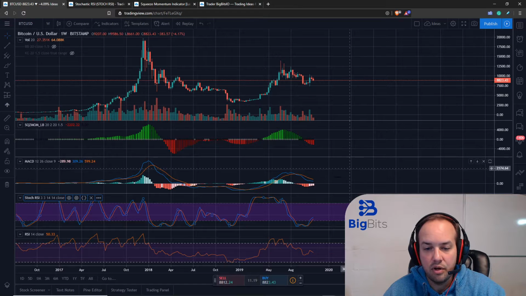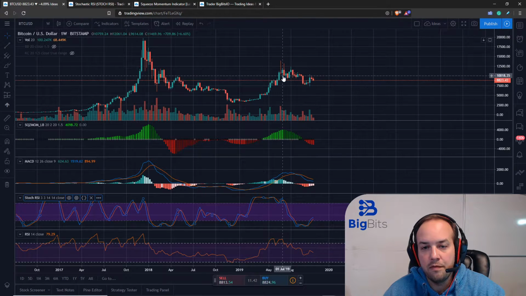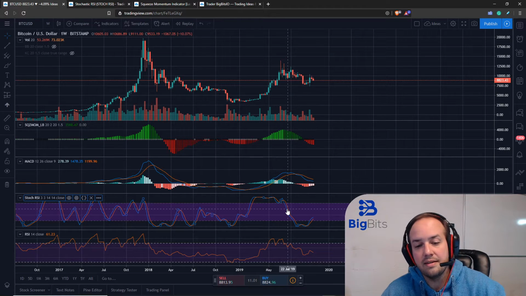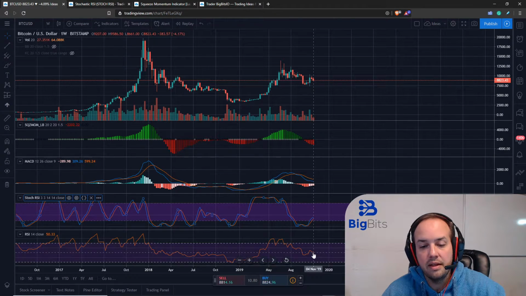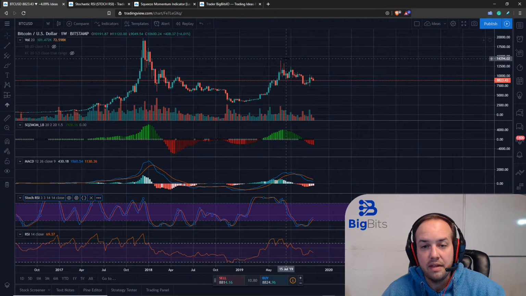Now let me go back here. So when we calculate the RSI, this value here at the very end is calculated from 14 candles back. All of that data from 14 candles back and on, that's what it's calculated based off of. Now, when we're doing our stochastic RSI, the stochastic RSI is looking at the last 14 periods of the RSI instead of the actual price.